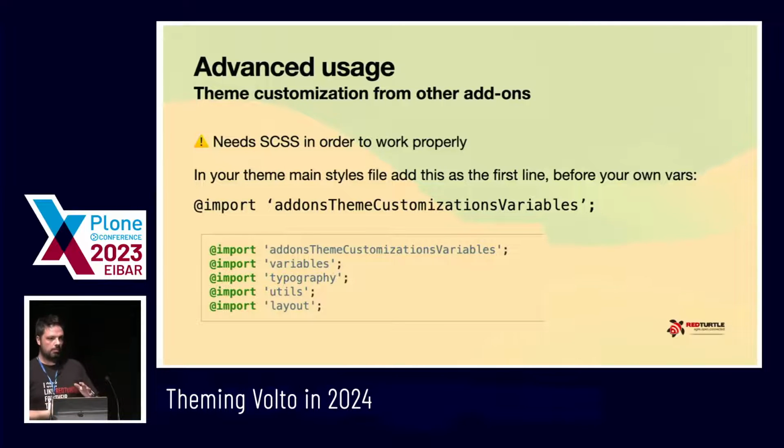So in your theme, the one we defined in the previous steps, you can write that import, and Volto will check if there are other add-ons that want to add or set variables, and will automatically inject those there. If there are none, it's fine.